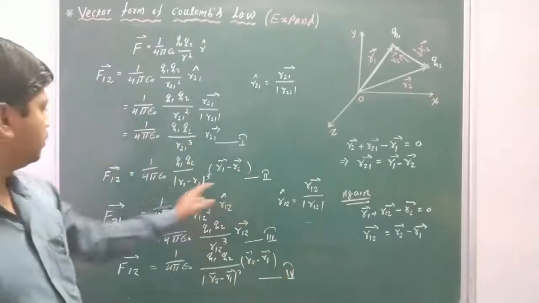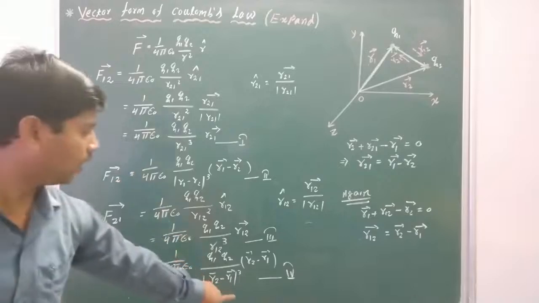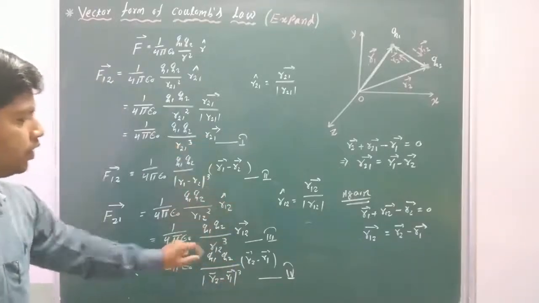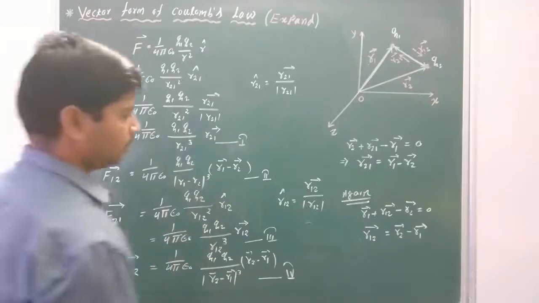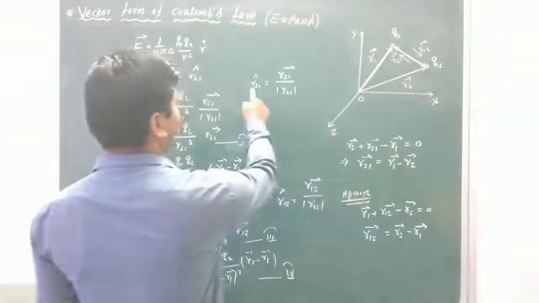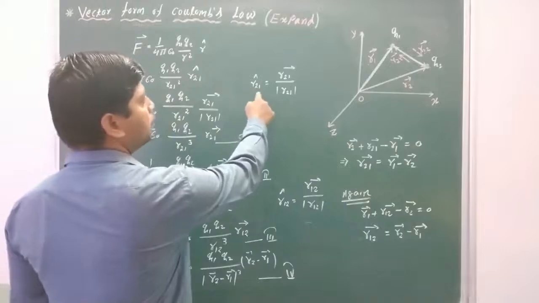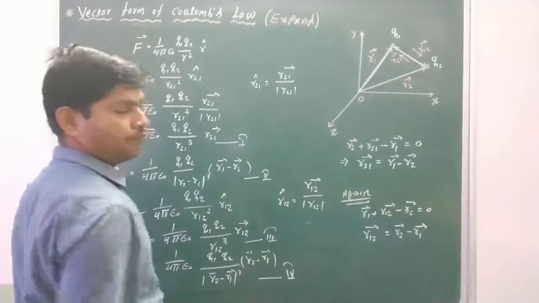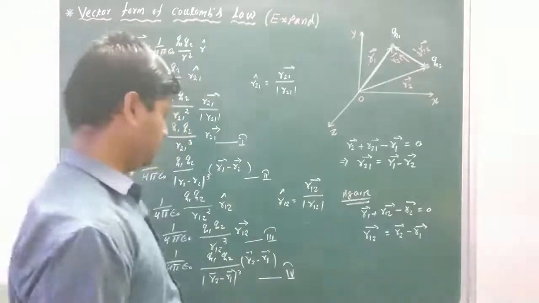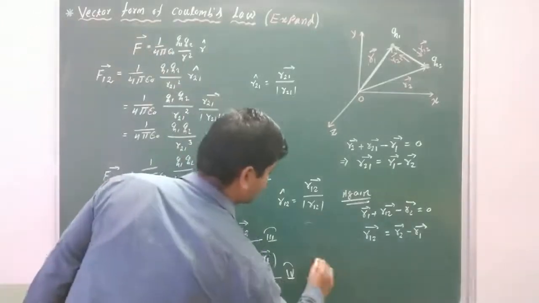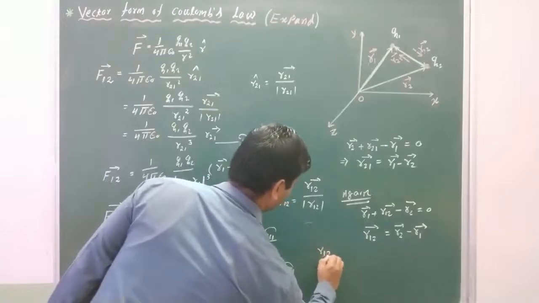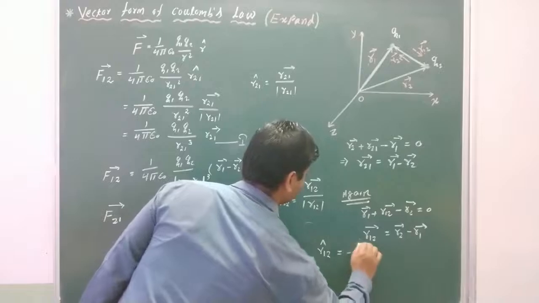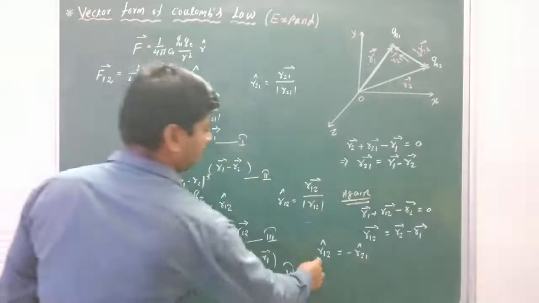If I compare equation 4 and equation 2, or equation 1 and equation 3, then you can write it means the unit vectors R21 cap and R12 cap are in opposite directions. That means I can write like this here, R12 cap is equal to minus of R21 cap.